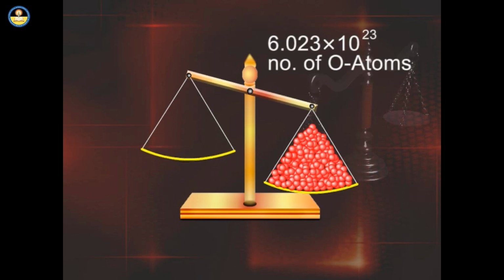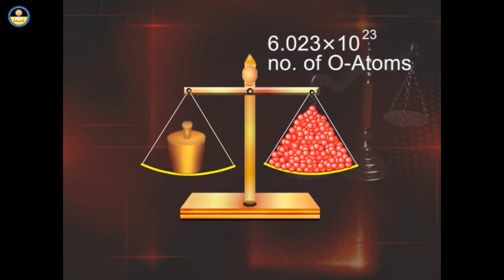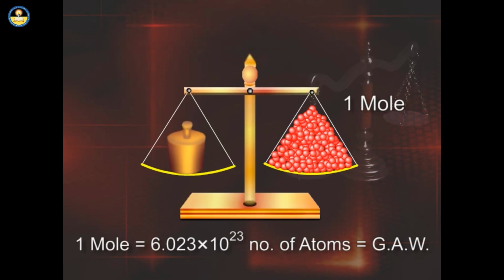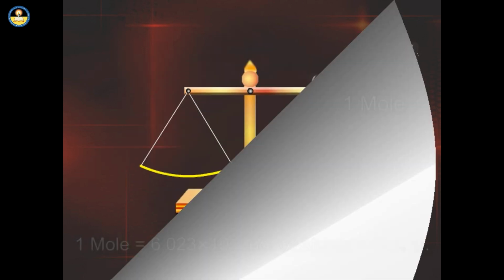This means that 6.023 multiplied by 10 to the power 23 oxygen atoms, which is Avogadro's number, are also equal to 16 grams of oxygen. Now, this is equal to 1 mole. This is equal to 6.023 multiplied by 10 to the power 23 atoms, which is equal to 1 gram atomic weight.